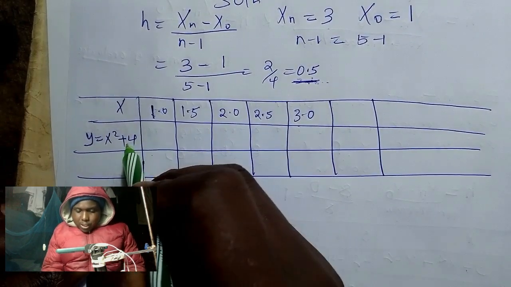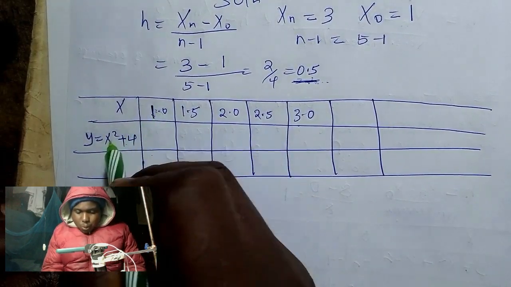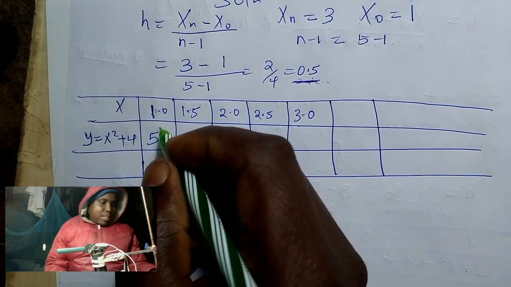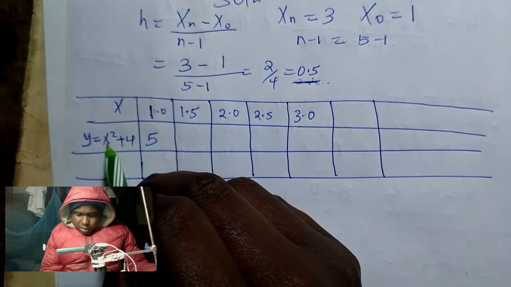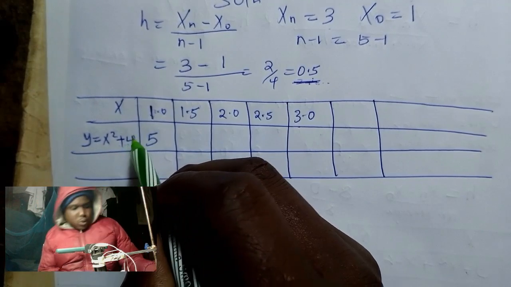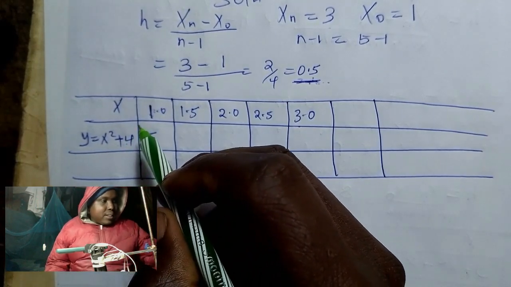Then the value of x, you substitute here. If you substitute 1 here, it's going to be 5, because this is 1 plus 4, so it will be 5. That is correct.